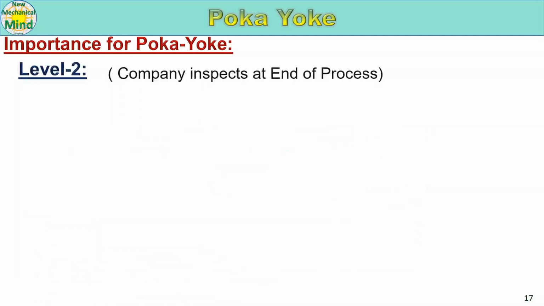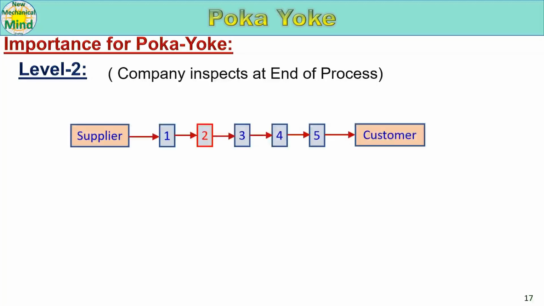Level 2. Company inspects at the end of process. That means at the end of process, the company does 100% checking of the part. Let us assume that the same process which we saw in level 1 is continued and a mistake occurs in the second stage, and the inspector finds the defects at the final end of process because the company has already deputed one person to do 100% checking at the end of process.